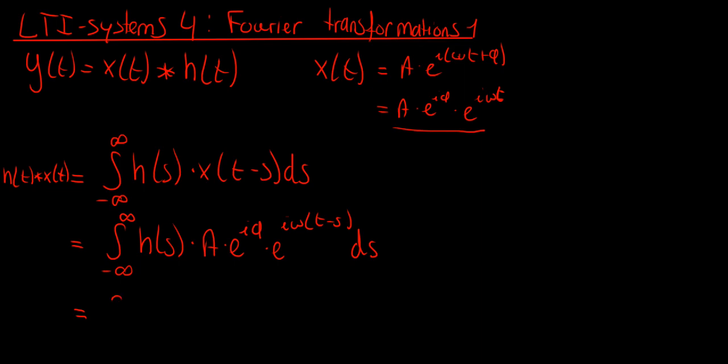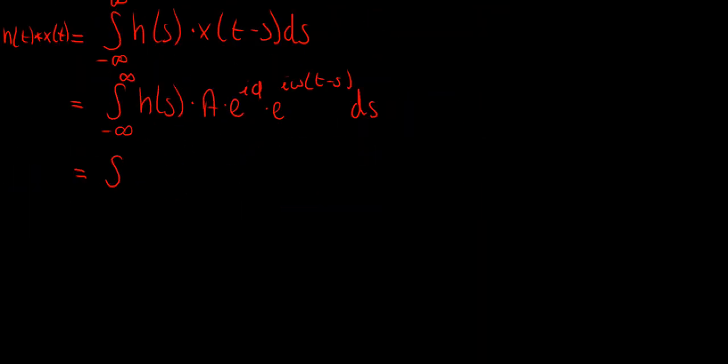This is equal to the integral from minus infinity to infinity of h of s multiplied with a times e to the power i phi, multiplied with e to the power i omega t, multiplied with e to the power minus i omega s, ds. We've just split up all the powers of e and rewritten them as new e powers.